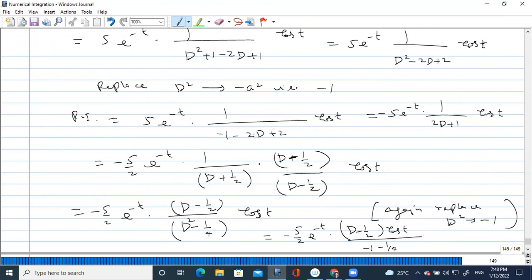So if you take minus common, then it will be minus 2D minus 1. So everywhere you have to do it. So it will be D minus half. Then you have to multiply by D plus half. So it will be D square minus 1 by 4 only, but here it will be affected. So please correct it. Thank you.